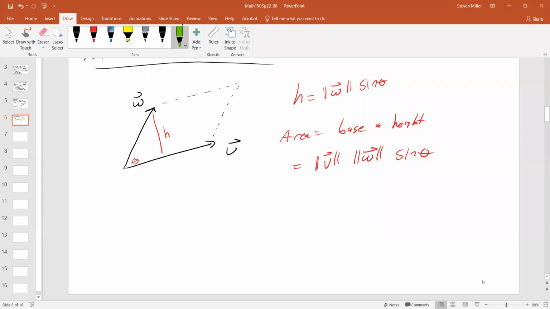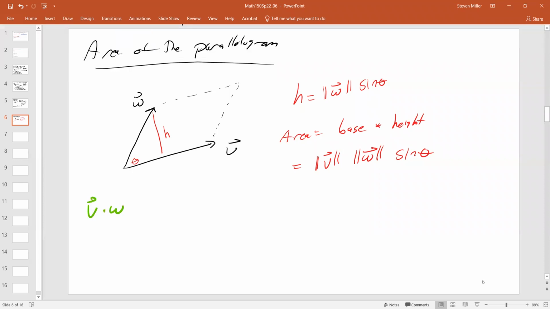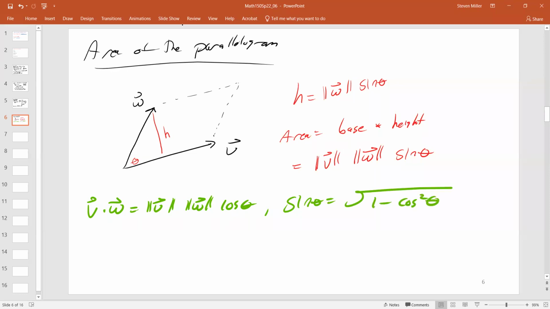So we know V dot W is the length of V, the length of W, times the cosine of theta. And well, how can we get from sine of theta to cosine of theta? Yeah, sine of theta is the square root of 1 minus cosine squared of theta.